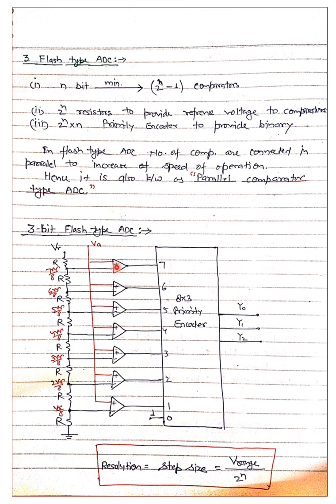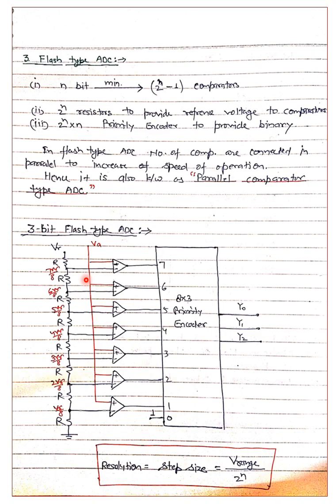One input of all the comparators is the applied analog voltage, and the other inputs are at different reference voltages. You can see that if the reference voltage is VR, then the second input of the first comparator is 7 VR by 8.